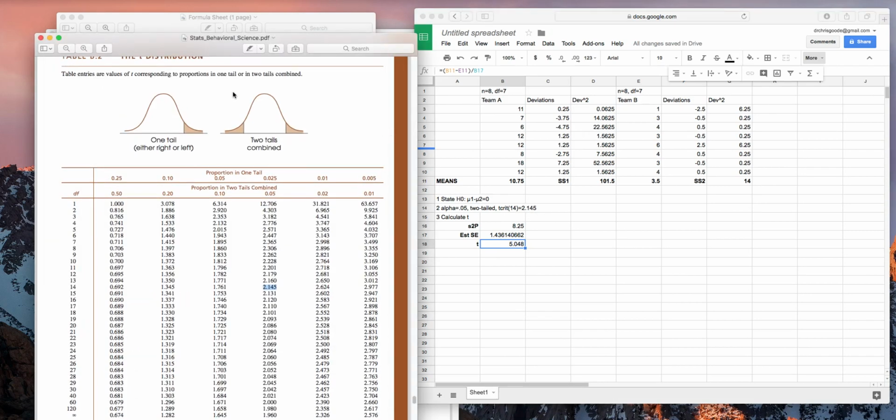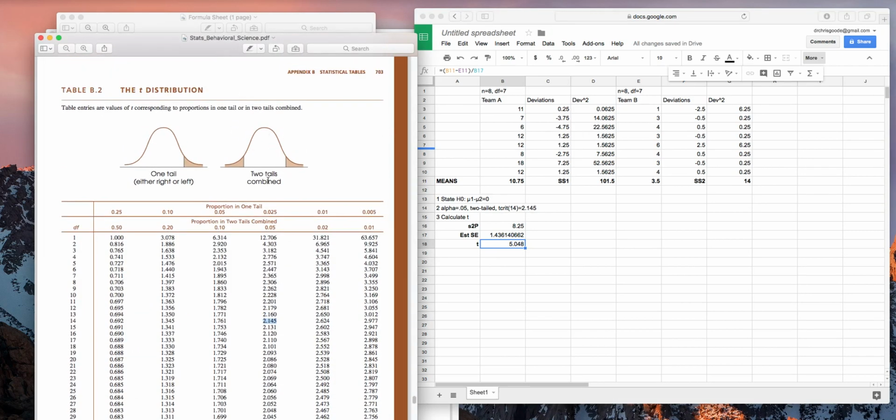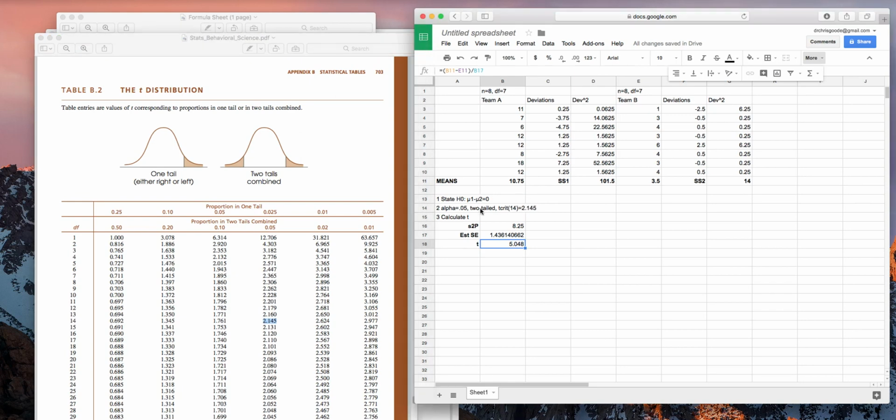It would be helpful, I think, if we imagined that this number here bordering the shaded area is plus 2.145. We should actually say that is plus or minus 2.145, right?